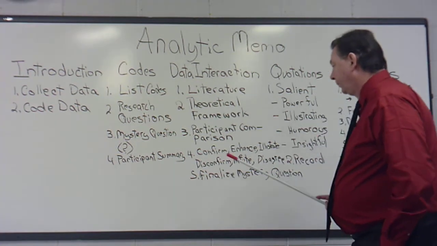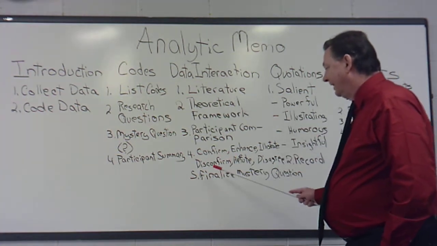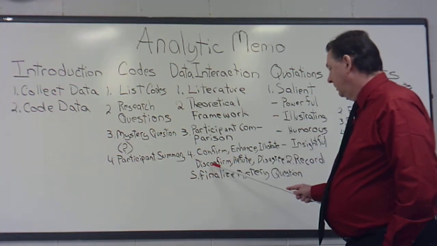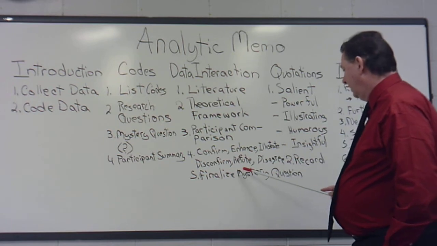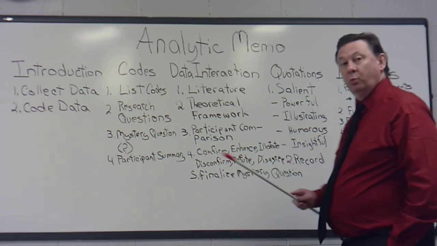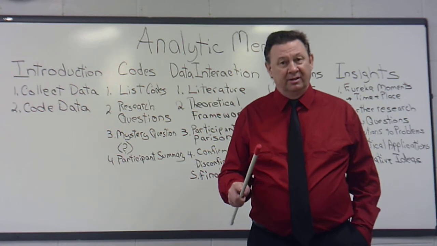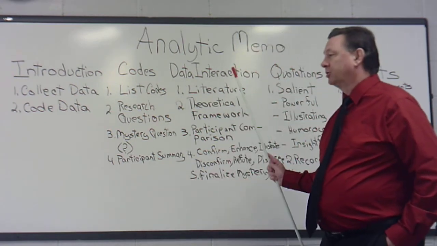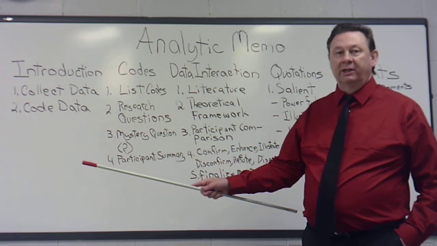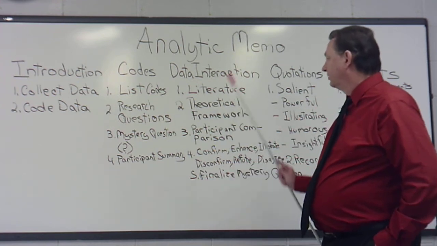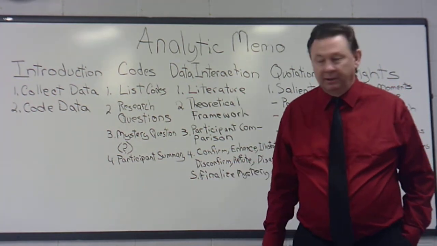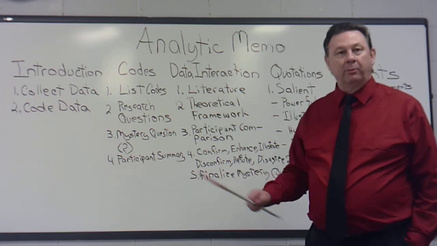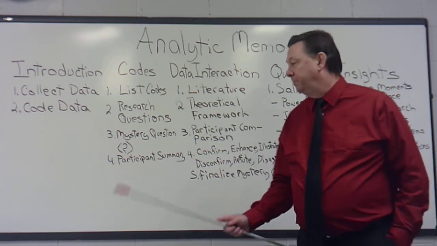Or does this participant disconfirm, refute, or disagree with the literature? So you have that comparison and contrast. How does your participant answer those research questions in contrast with the way your literature answered them and the way your theoretical framework suggests they should be answered?